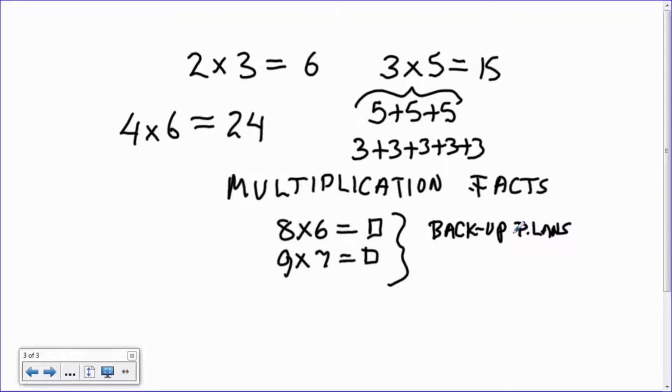depend on place value and what's called decomposition. Okay, so what does that mean? Okay, so let's talk about decomposition.